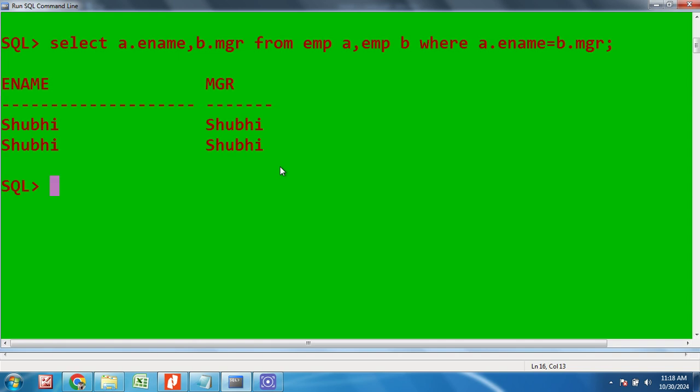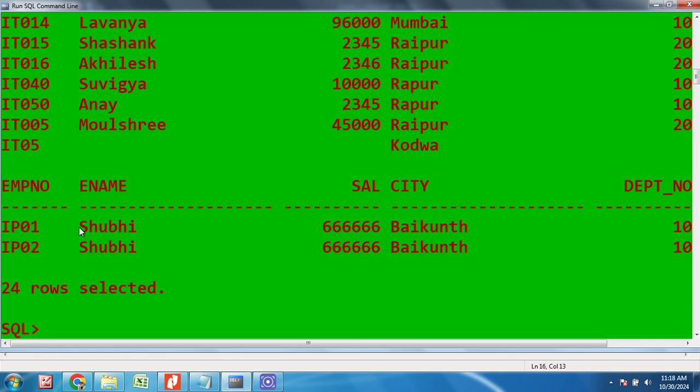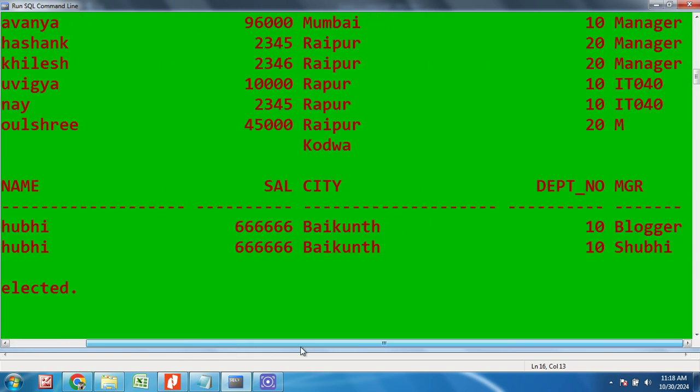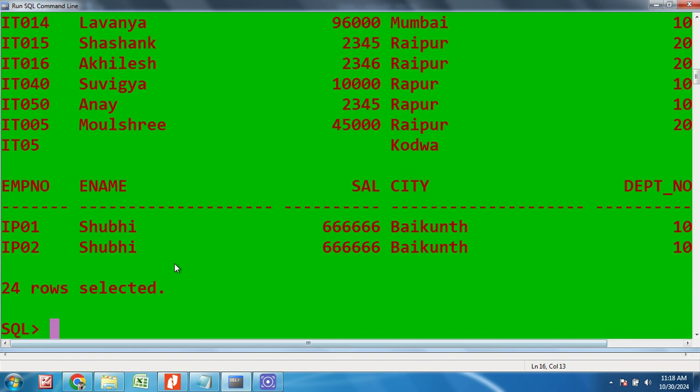If I see the EMP table, select star from EMP, here we can see it is inserted as Shubhi. One is blocker and another is only Shubhi, so it is showing me two times.